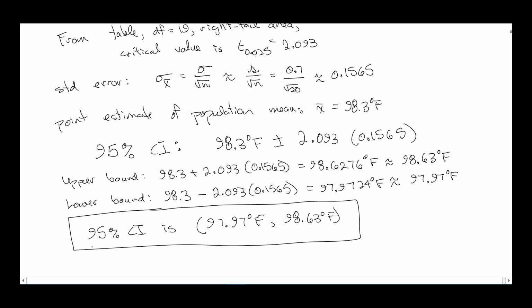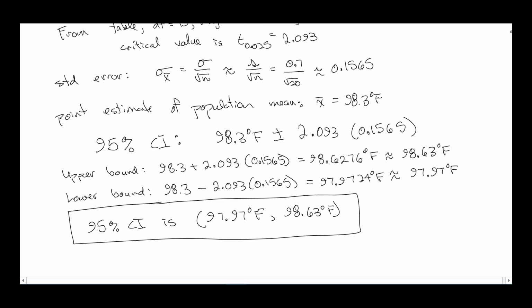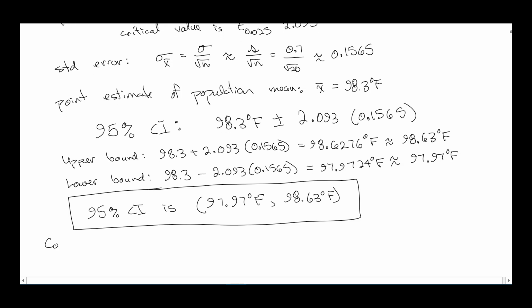Okay, so what we want to look at here is, now let's go back to our hypothesis test. We could have done all this confidence interval with just the sample information without being associated with a hypothesis test. But now let's look back at our hypothesis test.